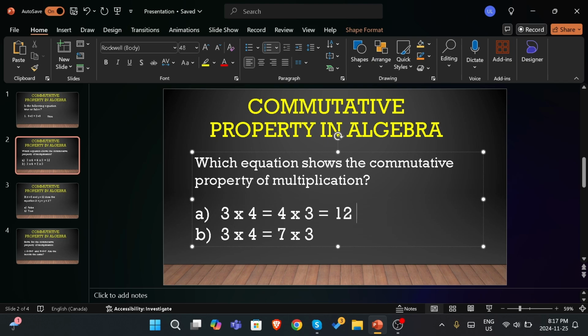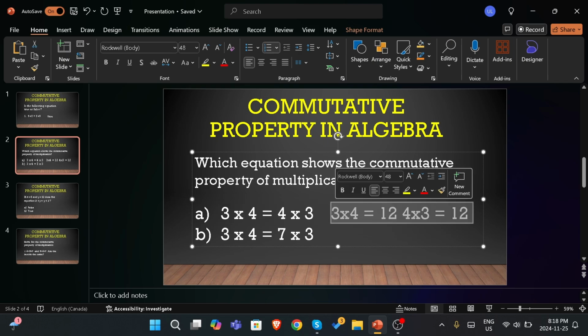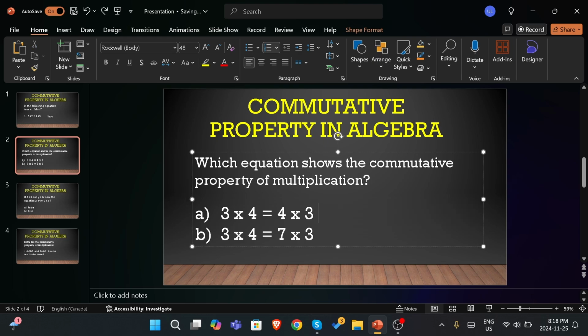So 3 times 4 is equal to 12, and 4 times 3 is also 12, right? So I'm just gonna write 3 times 4 is equal to 12, and 4 times 3 is also equal to 12. So it doesn't change the result, it just gets inversed. So this one is commutative, but let's check the second option, B. So 3 times 4, like I said, is 12, and then 7 times 3 is 21.